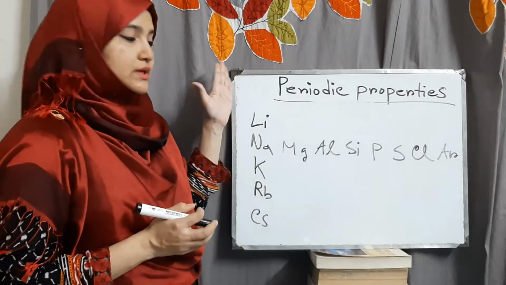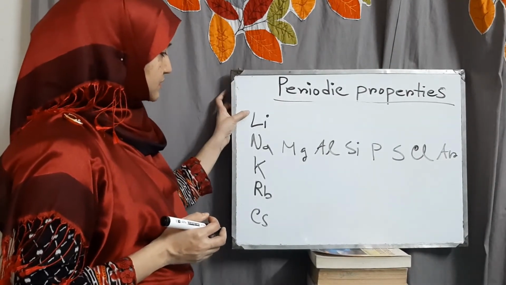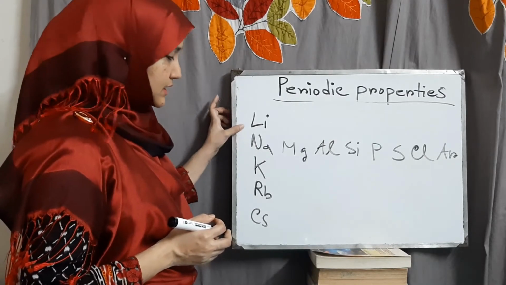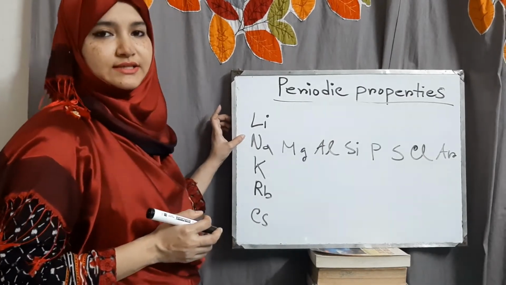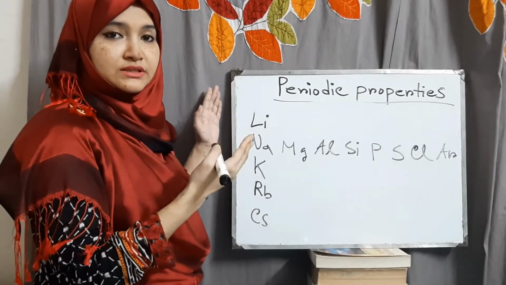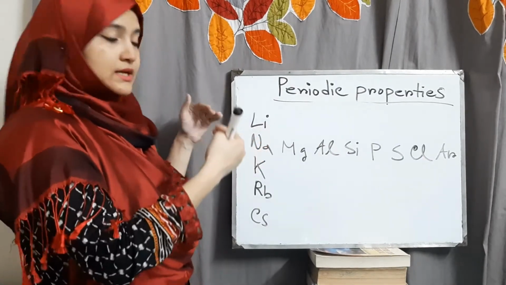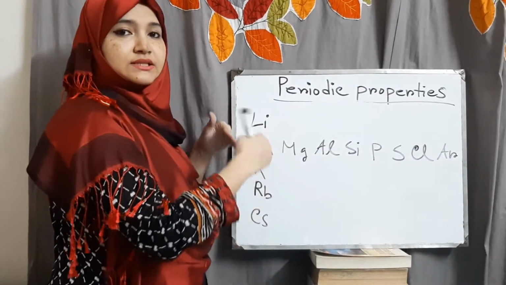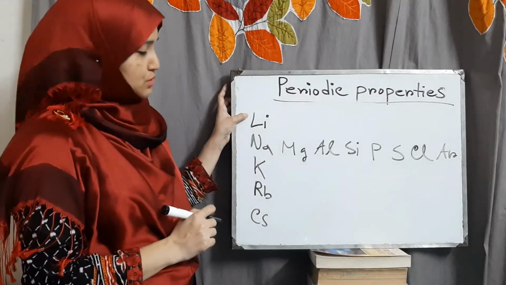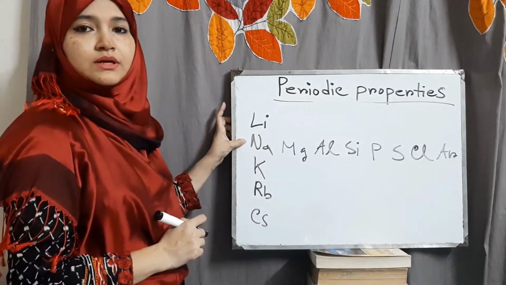As we know, in a group, for every successive period, a new shell is added. What do we know about the significance of period? The period number tells us the shell number. That's why lithium is in period 2 and has 2 shells.